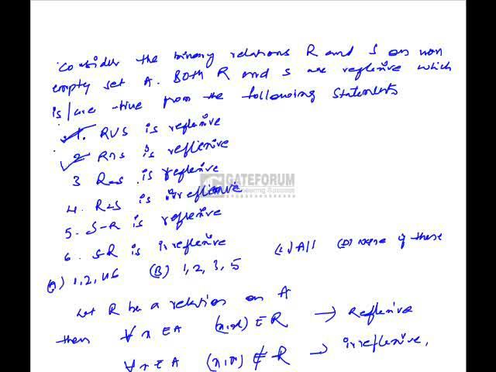The third statement is R minus S is reflexive. This is not true. Why? Because the elements that are present in R and not present in S will not contain the diagonal elements.